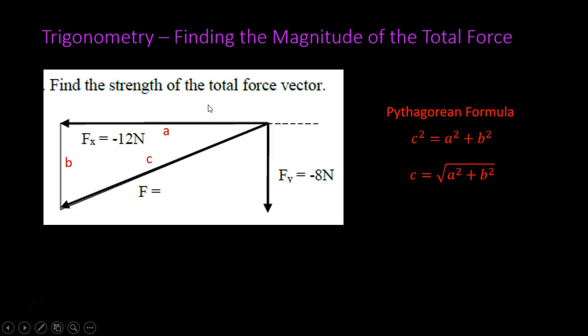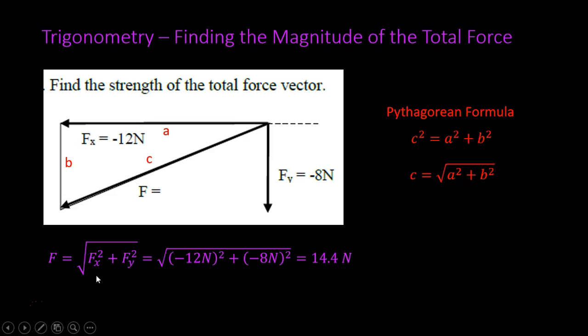To solve this problem, to find the strength of the total force vector, we plug in the strength of the x component and the strength of the y component, crunch those numbers in our calculator, and we find out that the strength of the total force is 14.4 newtons.